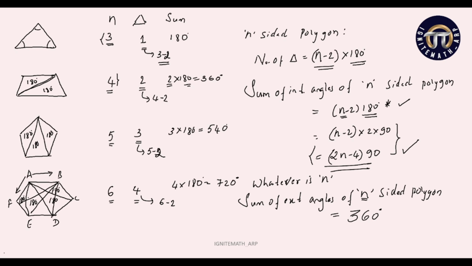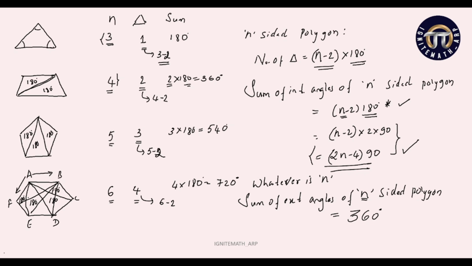It is very difficult for me to keep on connecting all the non-consecutive vertices and then say what is the number of diagonals. So for this also I am going to derive a formula to find the number of diagonals in the polygon.